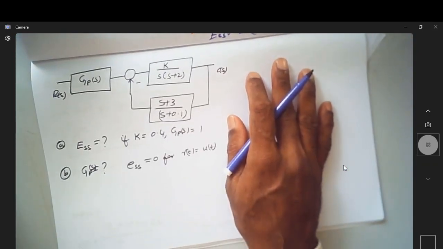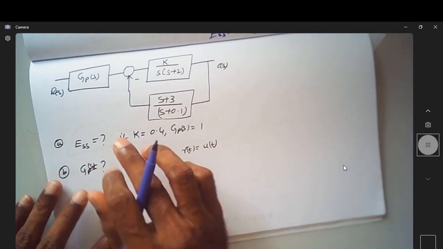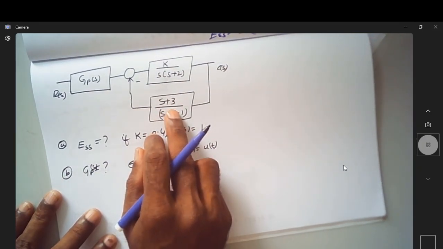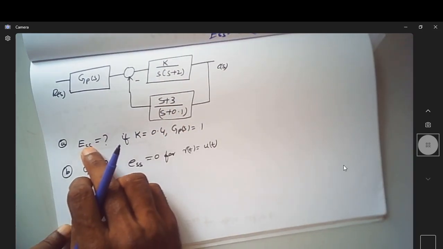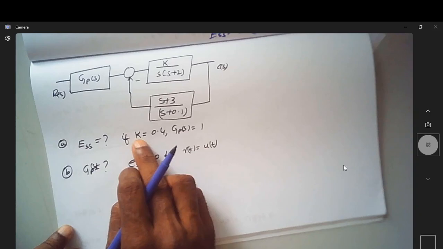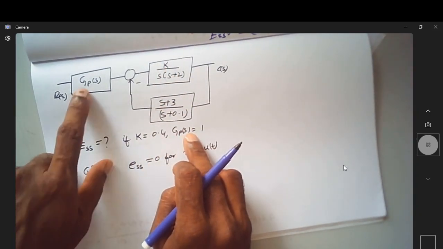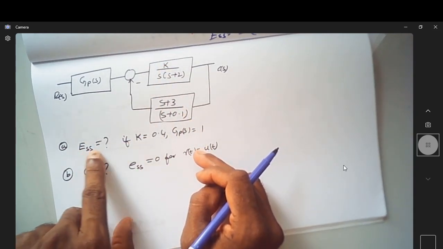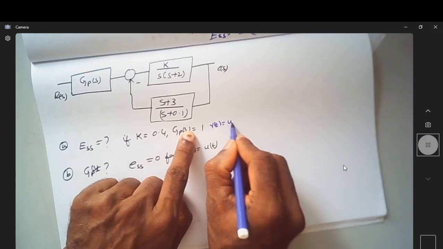Now let us see this second problem. Here also it's a non-unity feedback system, because in H(s) it's not 1. Now we are asked to find what is ESS for K. Here K is 0.4 and GP(s) is 1. If this is 1 and this is 0.4, they are asking what is ESS for a unit step input.